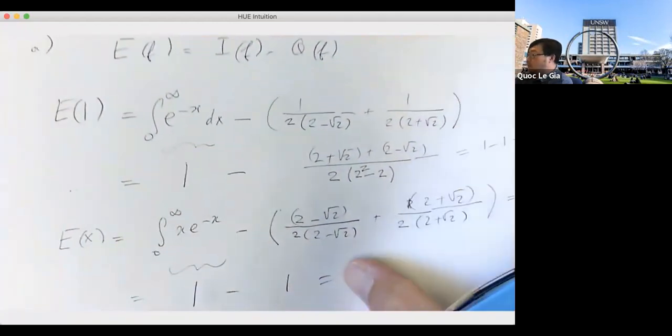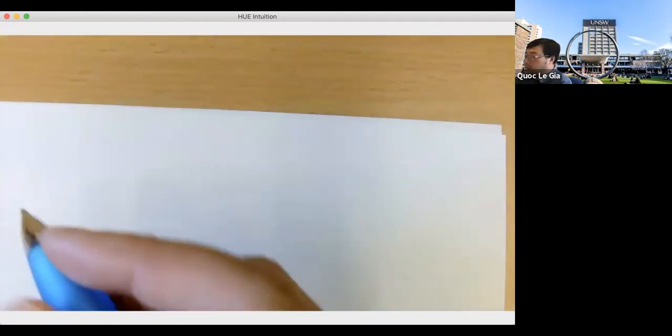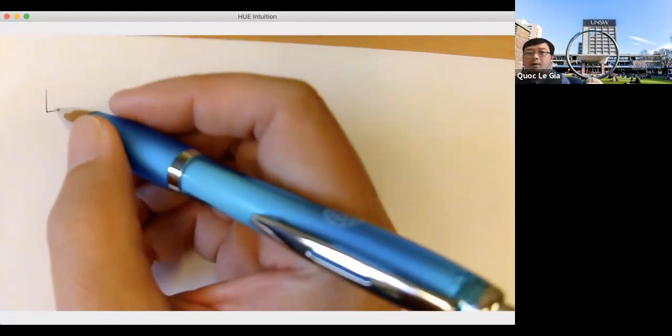Okay, so you do one more calculation. So E of x squared.